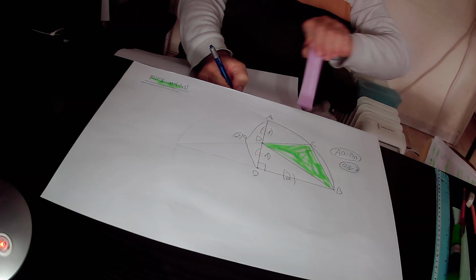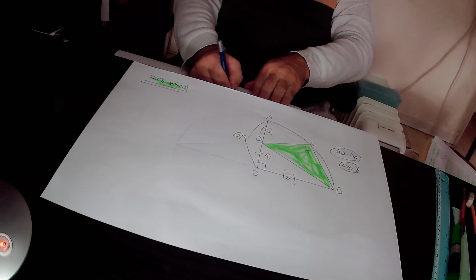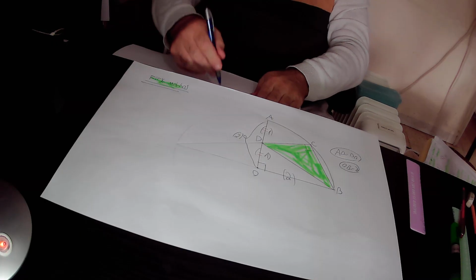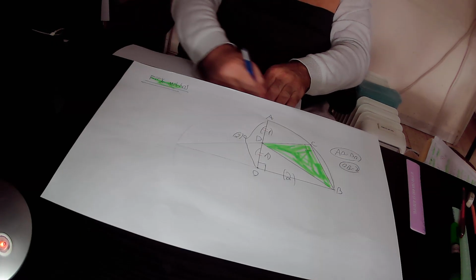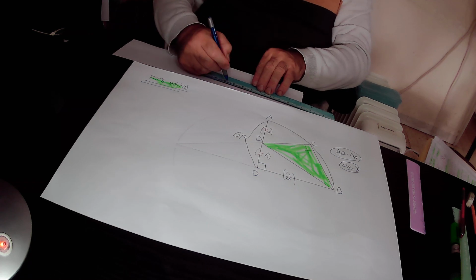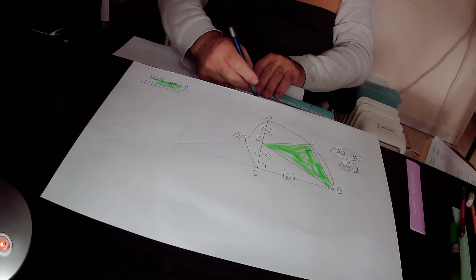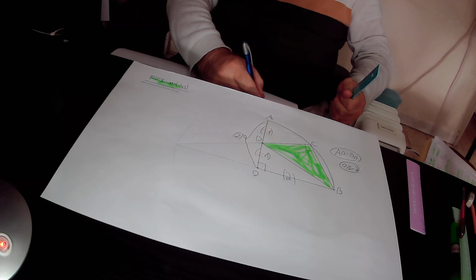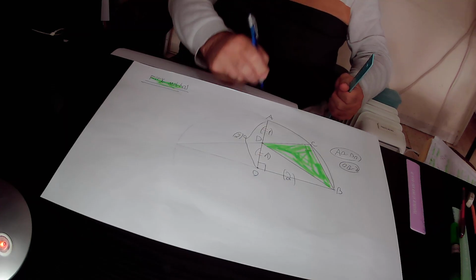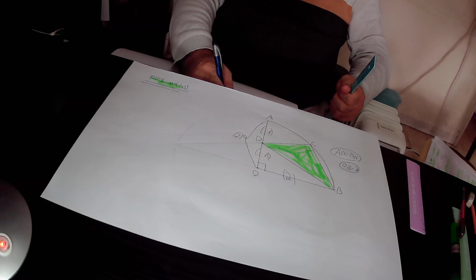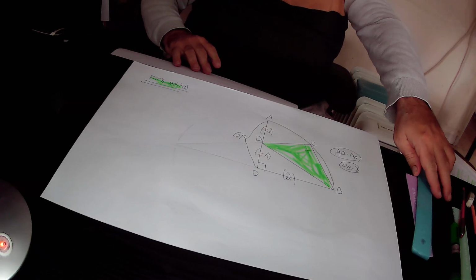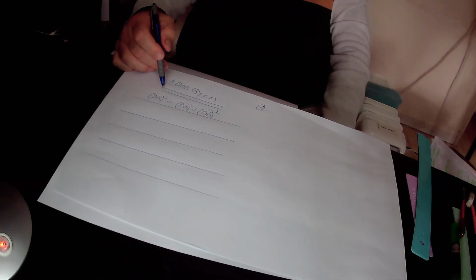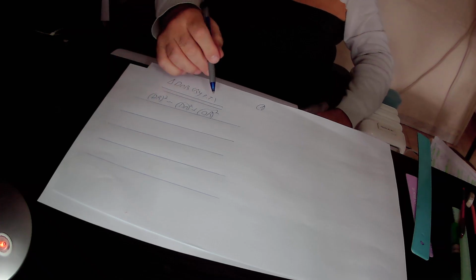So according to the Pythagoras theorem, in this right triangle DOB, DB square, that is the square of the hypotenuse, equals DO square plus OB square.